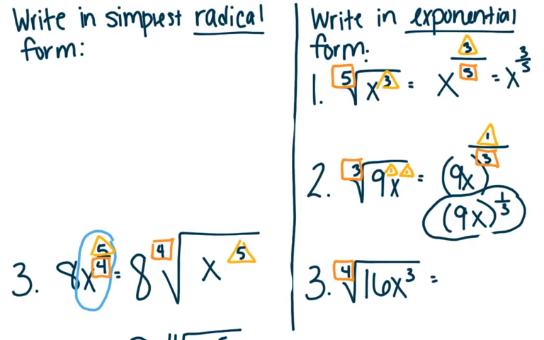So the exponent on the x is 3, but the exponent on the 16 is only a 1. So I hope that makes sense, because it's not 16x to the third power, just the x is being raised to the third power. Okay, so we're going to do two different houses because we have two different things going on.